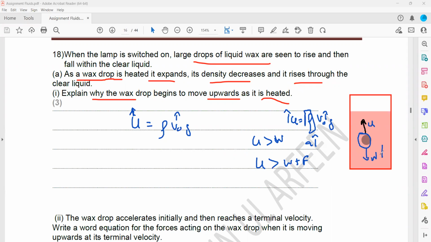Because in this example, if an object is moving up, the viscous drag will try to oppose the motion, so it will act downward. But still the upthrust is more than both of them. As a result, it will accelerate upwards. Is this one clear?